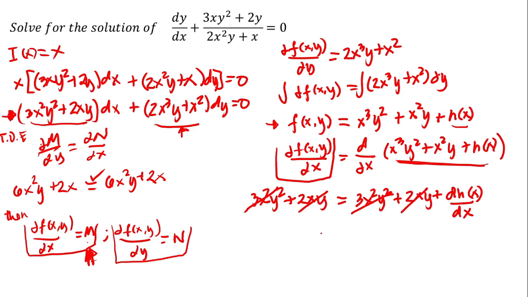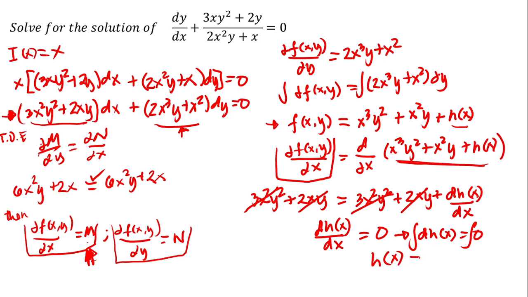So what's left is dh of x over dx equals 0. So finding h of x, this becomes d of h of x equals 0. We integrate both sides, so our h of x is just equal to 0.